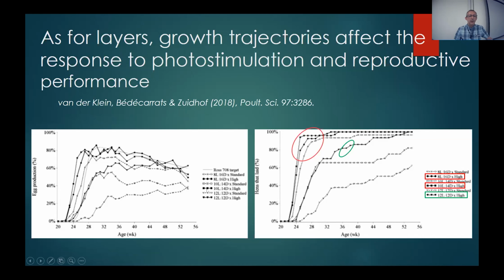And what transpired is both have an impact on egg production, both the photoperiod during rearing, as well as the growth trajectory. And the key finding is, in fact, that you need to have, as we kind of knew before, under 12 hours of light to effectively set the bird ready for reproduction.